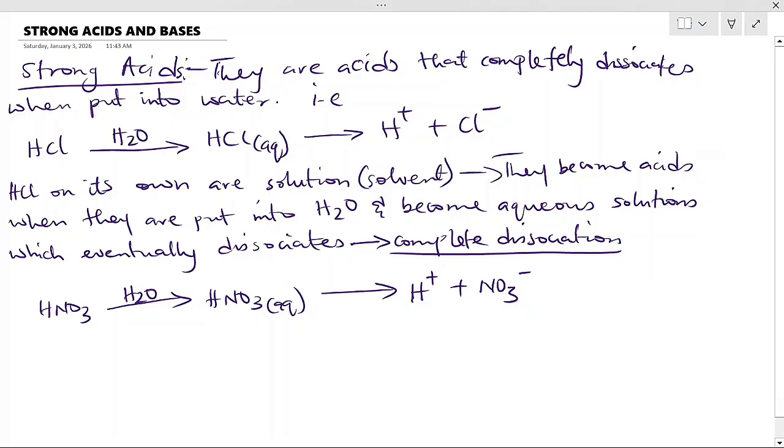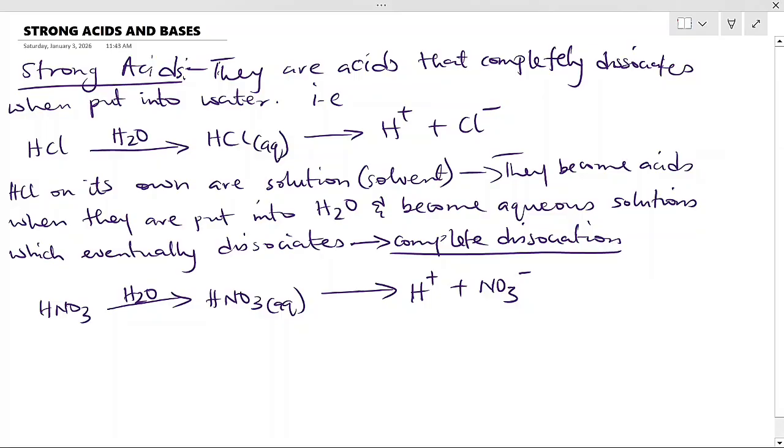Note that strong acids do not have any equilibrium constants. Like we saw earlier, looking at general acid-base chemistry, we began to see equilibrium constants.